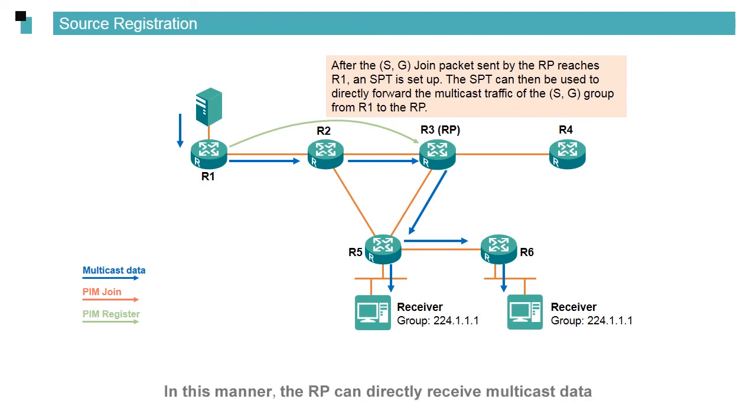In this manner, the RP can directly receive multicast data from the source instead of encapsulated unicast packets.